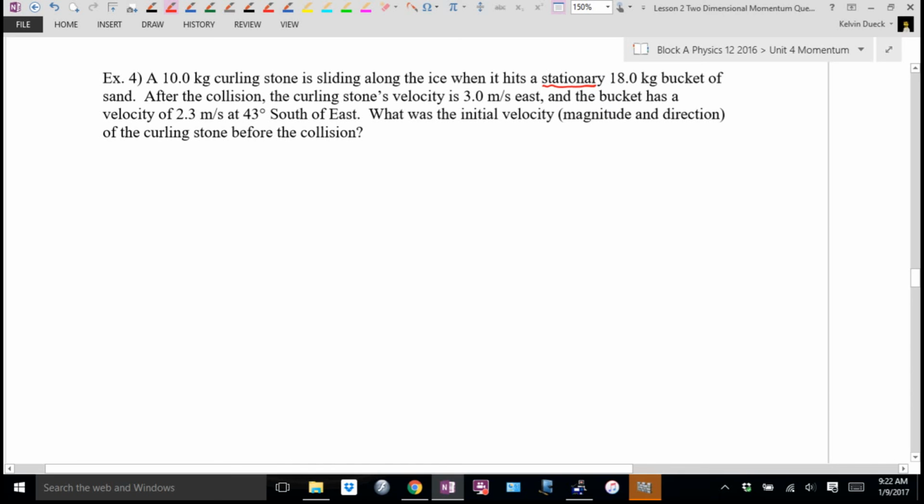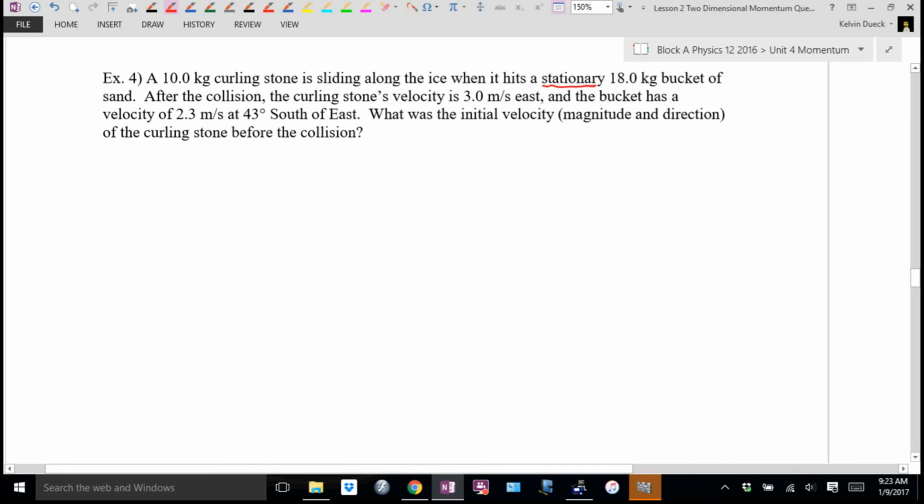After the collision, the curling stone's velocity is 3 meters per second east and the bucket has a velocity of 2.3 meters per second, 43 degrees south of east. What was the initial velocity of the curling stone before the collision?